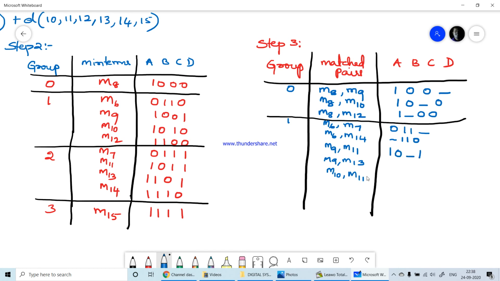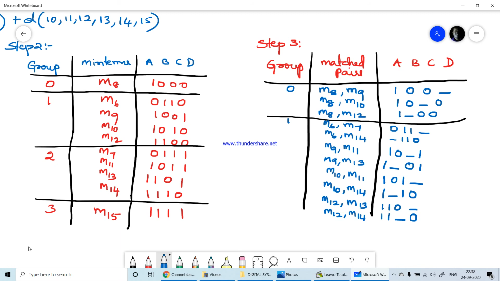You can compare and see the matched pairs. I'm writing it fast to solve it in minimum time. So I have M10 and M11, M10 and M14, then M12, M13, and M12 and M14. Here we get M10 and M14 as 1, dash, 1, 0, M12 and M13 as 1, 1, 0, dash, and M12 and M14 we get 1, 1, dash, 0.